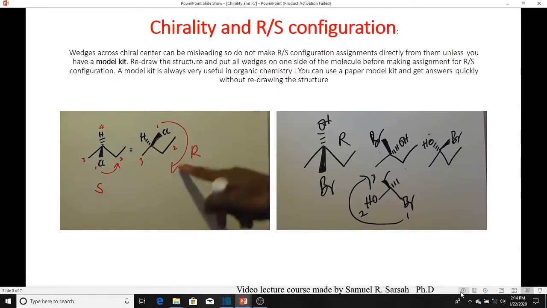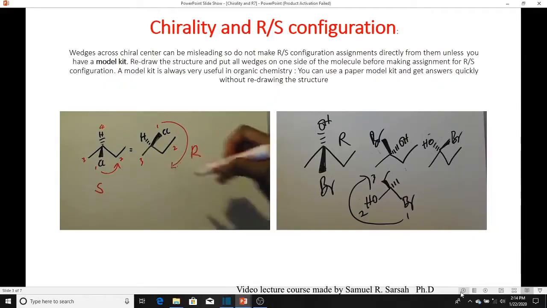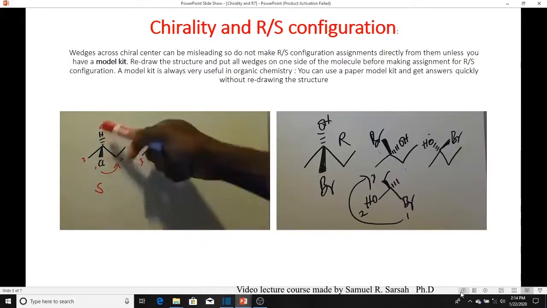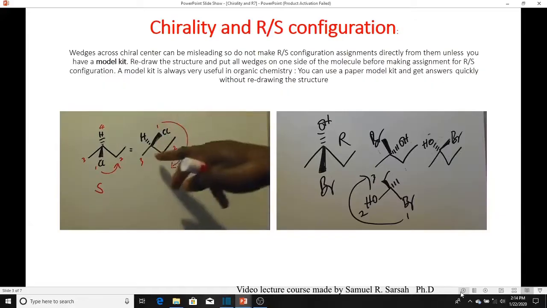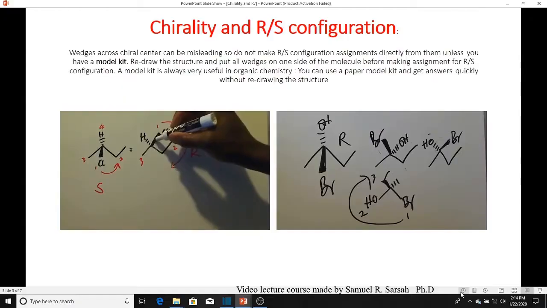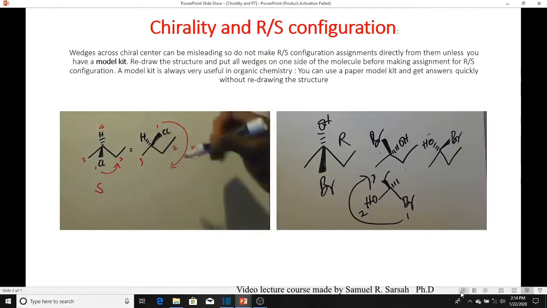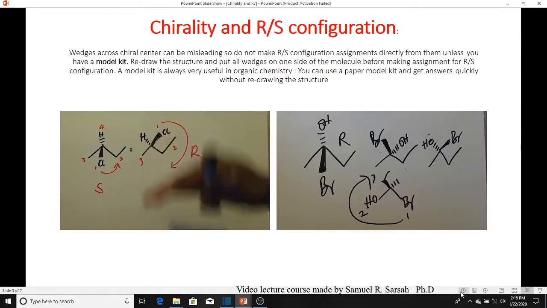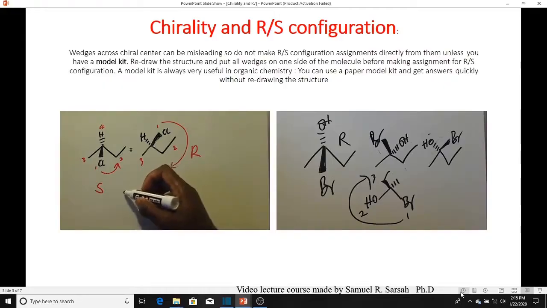So just be careful about things like this. As soon as you see this, just arrange it this way so that the wedge is very distinct. Put all the wedges on one side, and then the planar groups should also be on one side. That will help you to easily determine the R and S configuration.